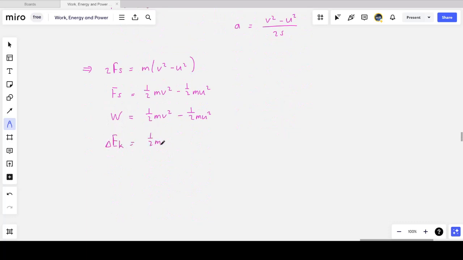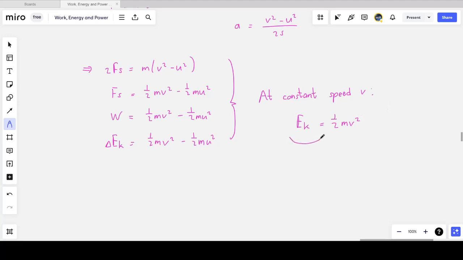A half times the mass times the final speed squared minus a half times the mass times the initial speed squared, which then tells me that if I were just moving some object with a constant speed v, then it would have an associated kinetic energy that's a half mv squared.